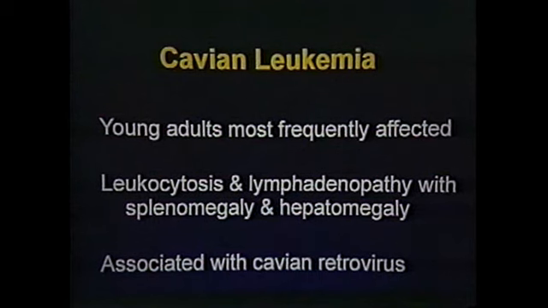Certainly older animals may be affected as well. Leukocytosis and lymphadenopathy with splenomegaly and hepatomegaly as well are common features seen at necropsy. It has been associated with a cavian retrovirus, although C-type virus particles have been demonstrated in non-transformed lymphocytes as well. So whether there are other factors or whether it's the sole contributing factor, I guess at this point in time is unknown.